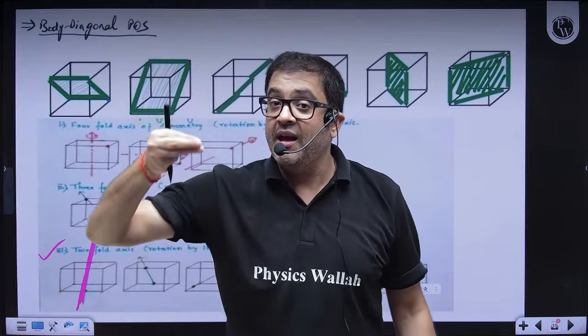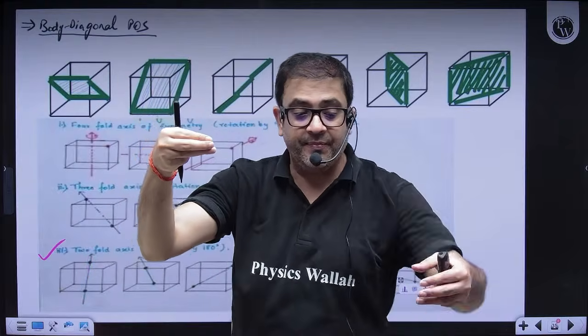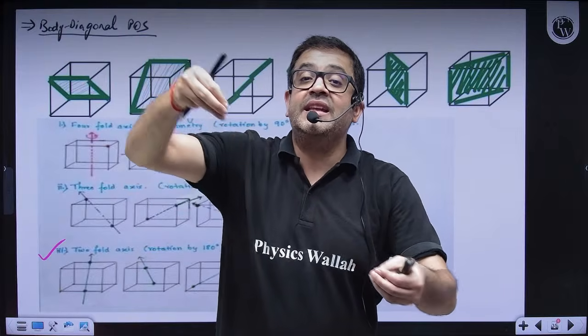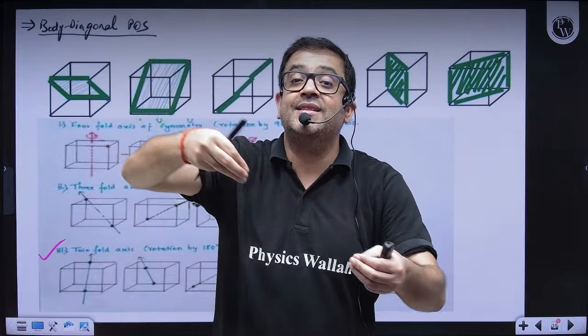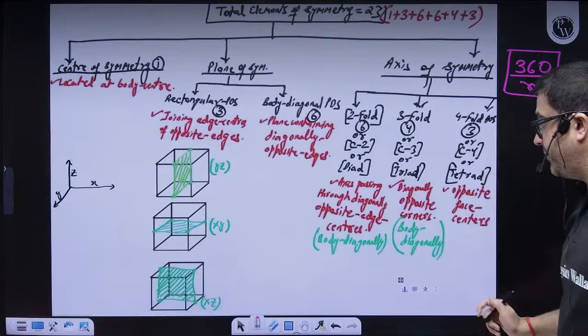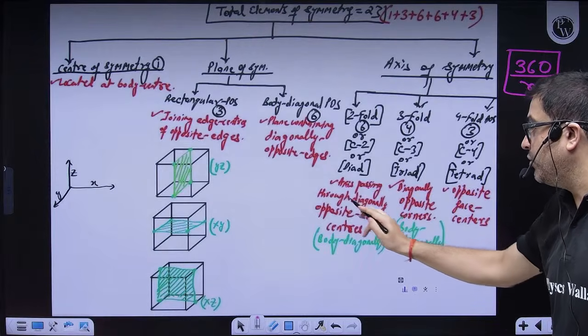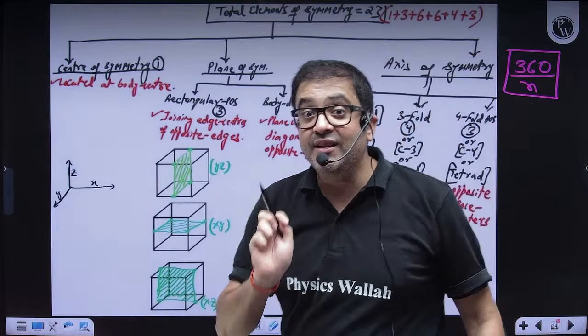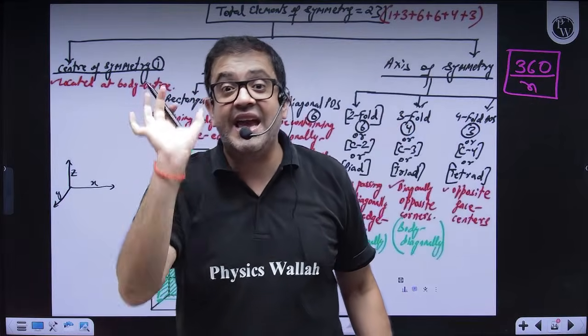Sir, one edge center and another edge center, and I am joining these edge centers by passing a line through the body diagonal. So I have written that completely over there. Axis passing through diagonally opposite edge centers.